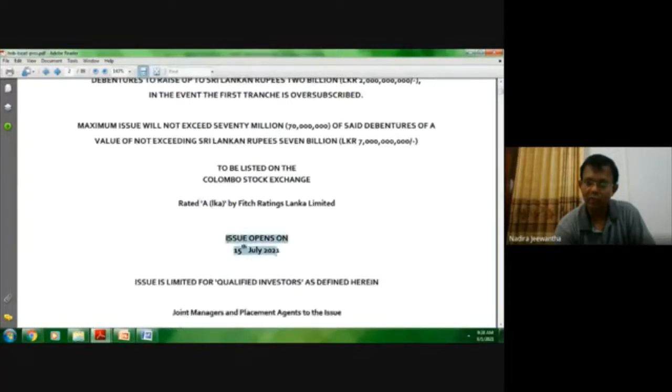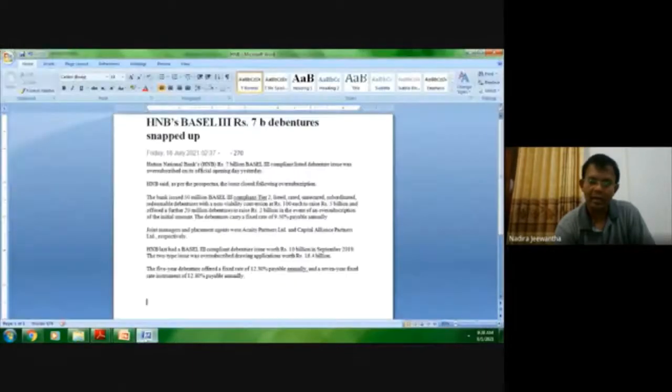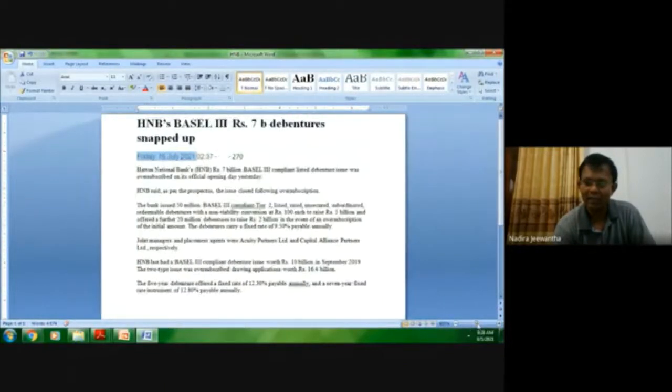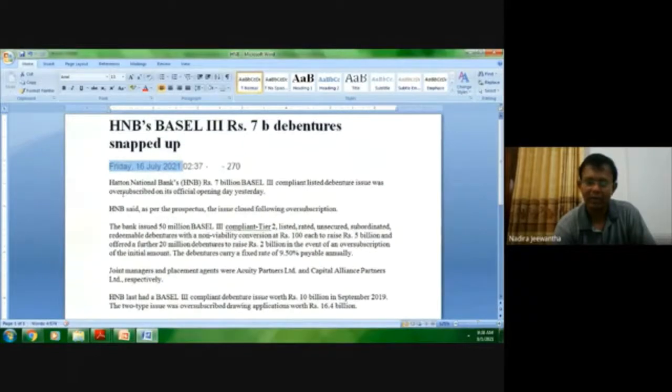Issue open 15 July. So next day, that is 16th of July 2021, they have put the advertisement. Exchange is Basel III debenture snap up, oversubscribed. Now see, read this. HNB 7 billion Basel III listed debenture issue was oversubscribed. Remember the word oversubscribed.